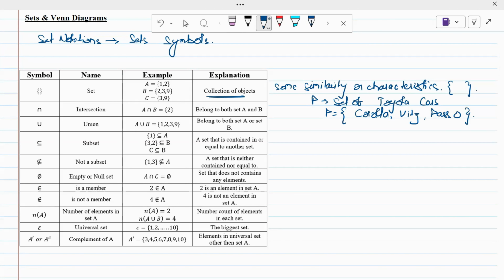So this is how we represent sets. A set is a collection of objects, and the objects would have some similarity or some characteristic in common.